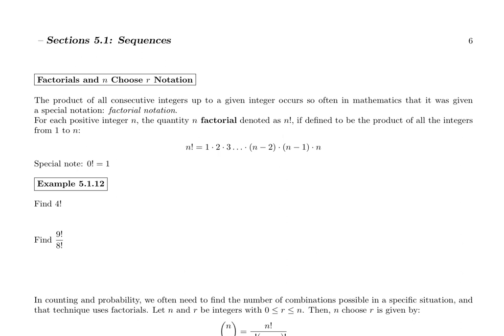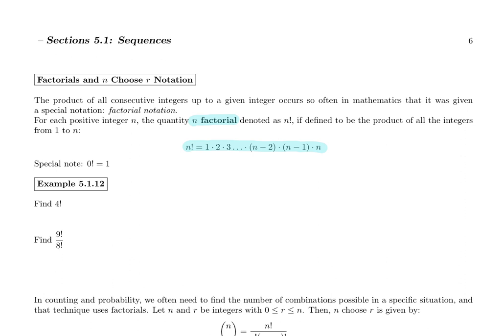So sometimes when you get into programming, you find that you're going to have to apply factorials or n choose r. So we're going to go through those concepts here. So a factorial, like I showed you on the last page, looks like an exclamation point. So n factorial is 1 times 2 times 3 times all the way up to n.